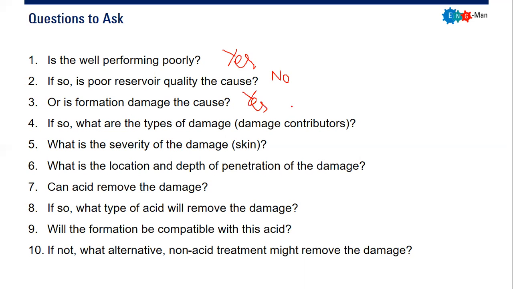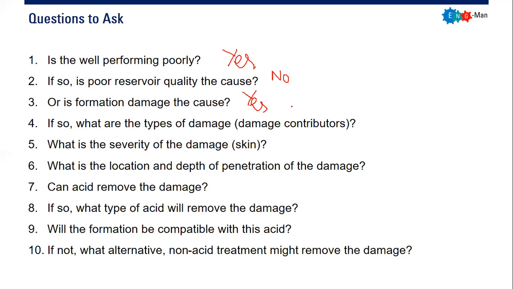And number four, what types of damage are there? You know, there are several types of damage, or maybe we start with damage contributors. Maybe scale, and maybe sand bridging, maybe precipitate, or maybe minerals that are blocking the rock, blocking the perforation, right?